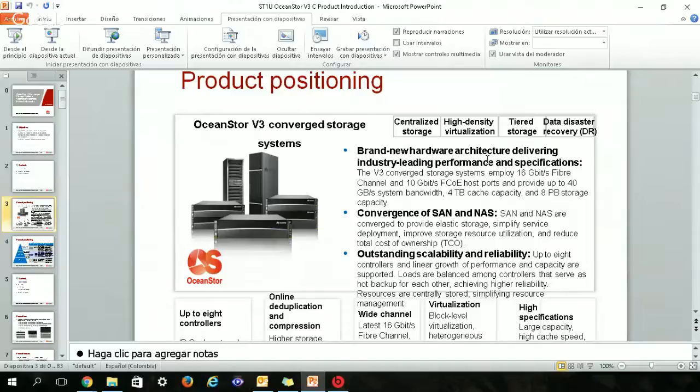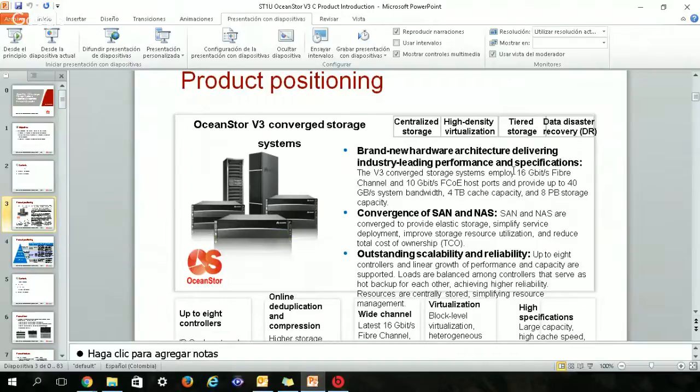And tiered storage means that it has the capacity to allocate different hard drives depending on the performance required on the systems. As you know, it's not the same to have a SATA disk as a solid state drive, and so on and so forth.